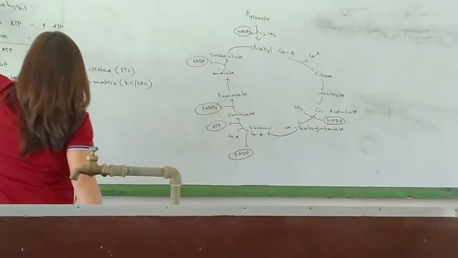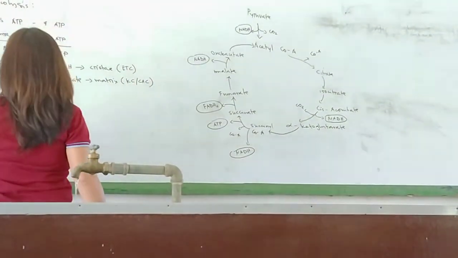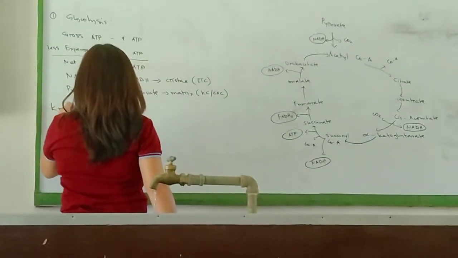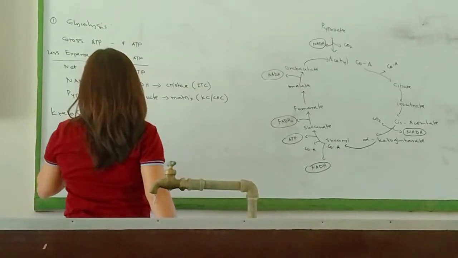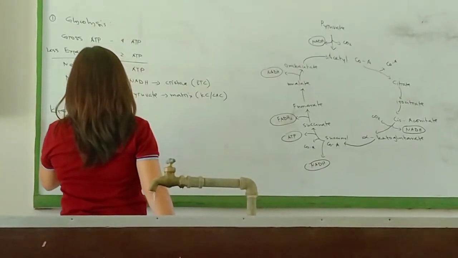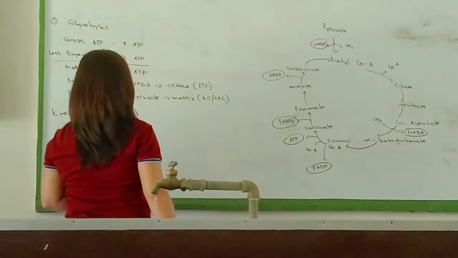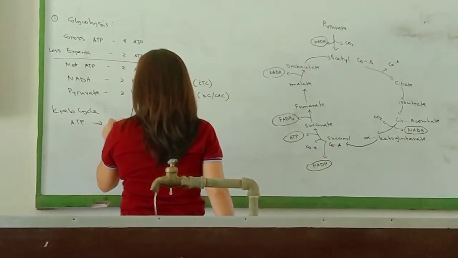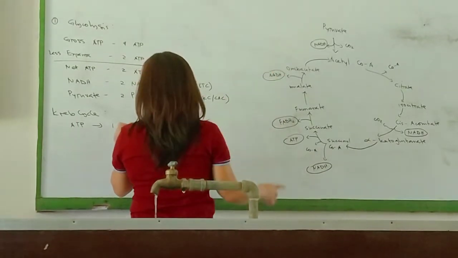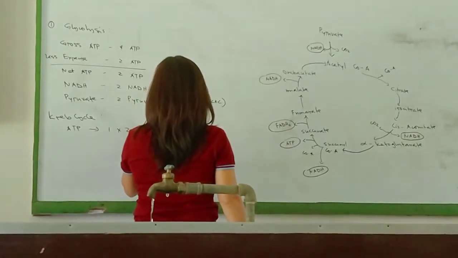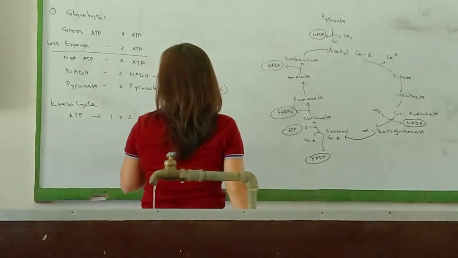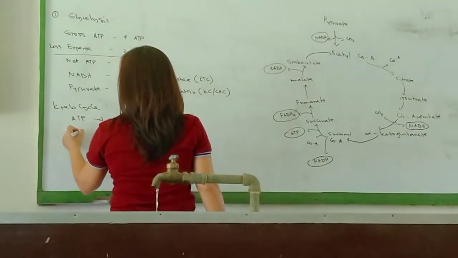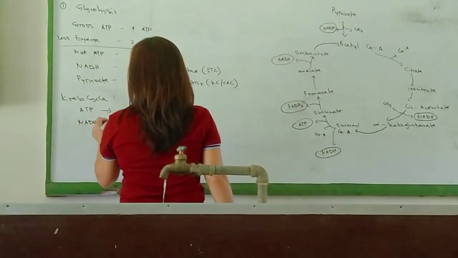So you have here glycolysis. Now for Krebs cycle, how many ATP molecules were produced? 1. 1 times 2 equals 2 ATP. Then how many NADH were produced?